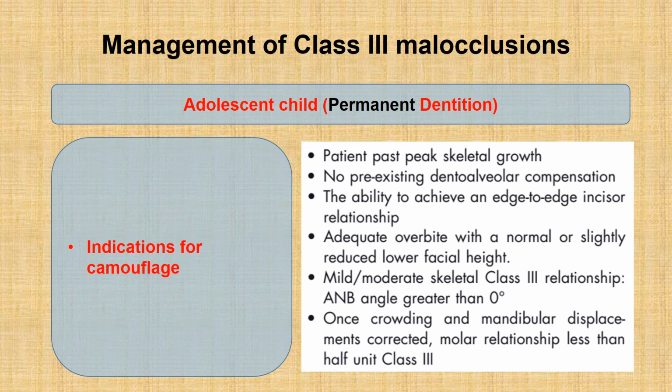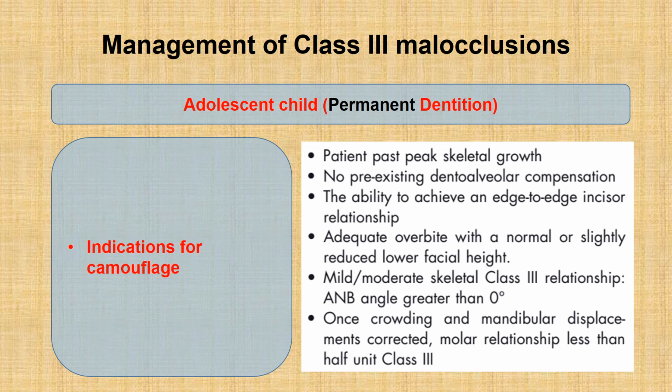Okay, and there should be no pre-existing dentoalveolar compensation, because otherwise the corrective orthodontic treatment will not be able to compensate further. Now, the ability to achieve an edge to edge incisor relationship. Now, there should be an adequate overbite with a normal or slightly reduced lower facial height.